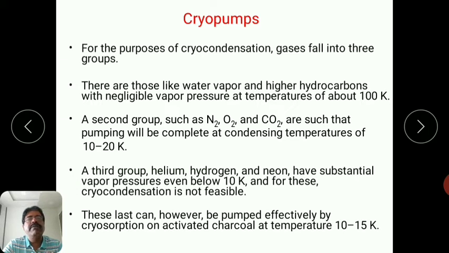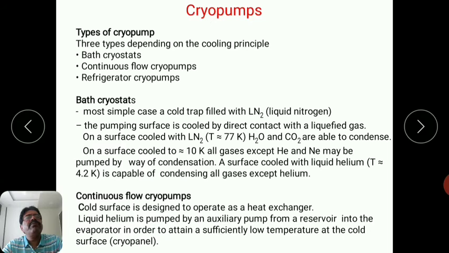Then the process of cryosorption can take place, and this third group of gas molecules can be easily pumped with cryosorption. So you can think of a cryopump which involves these two processes, cryocondensation and cryosorption. Definitely you will be able to remove all kinds of gas species from your vacuum chamber.